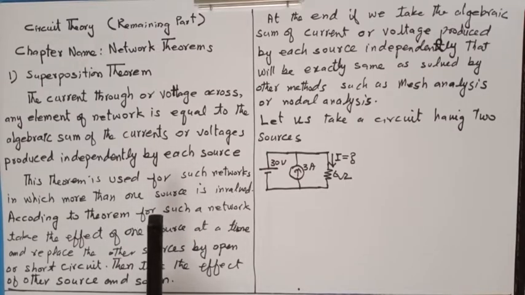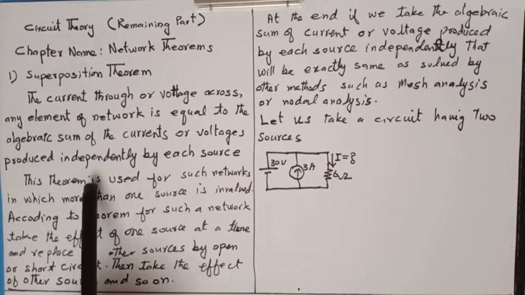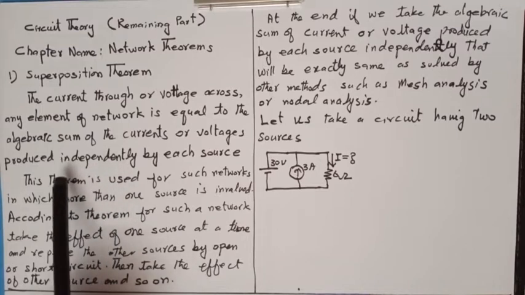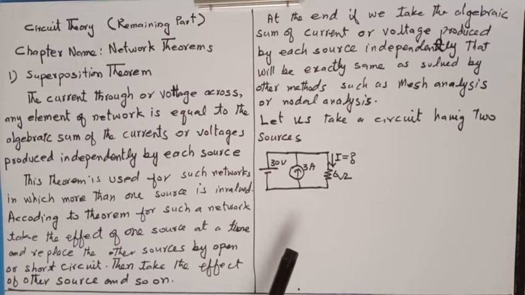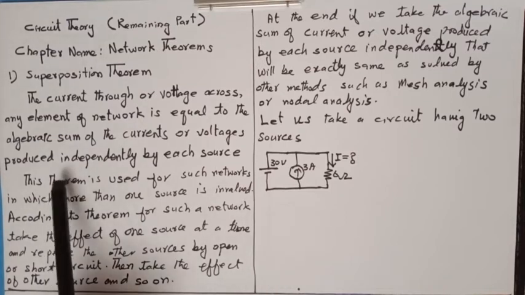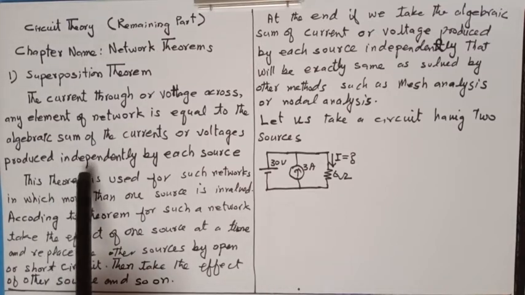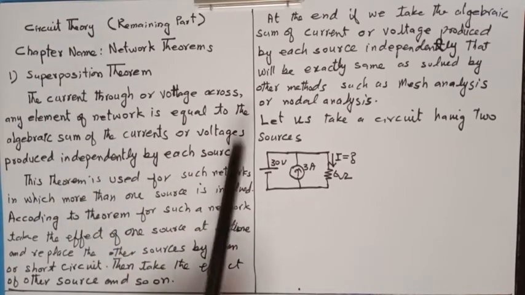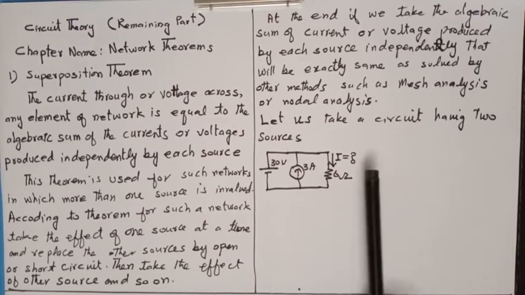Algebraic sum means a sum in which you consider both the negative values and the positive values. And independently means that when you take one source, the other source will not affect the value of current flowing in the circuit. So independently you consider one source at a time. So according to this definition, we do the same work as I explained.